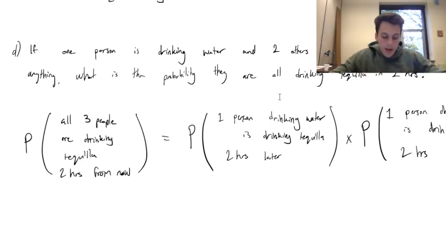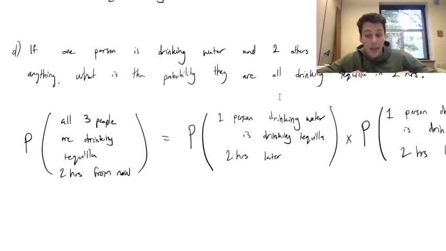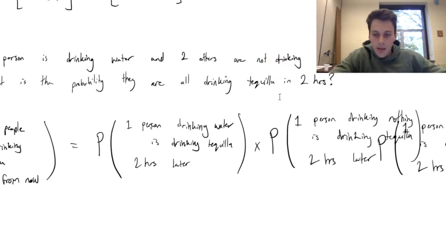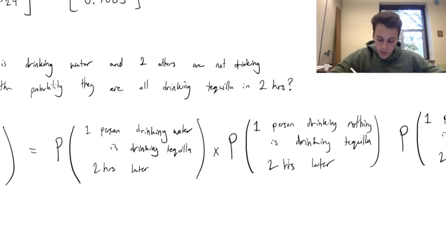Okay, so now this is the probability so far of the person drinking water and is drinking tequila 2 hours later, and the one other person is drinking tequila 2 hours later. But there's 3 people, right? And there's that one other person, so we need to multiply it by another probability here, and that's that same probability, right? That person who's drinking nothing is going to be drinking tequila, because we've got 2 people.